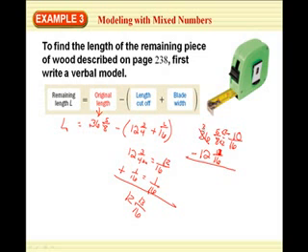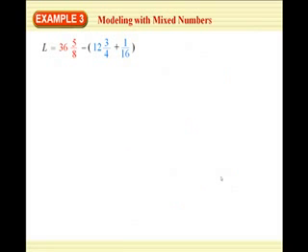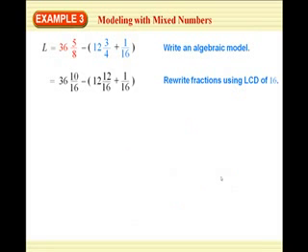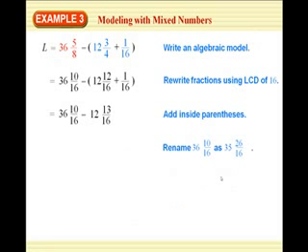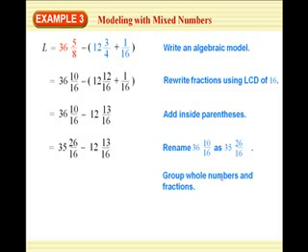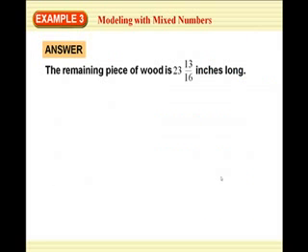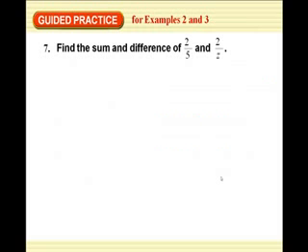Got to borrow. 35, add 16 to the top. 26 minus 13 is 13. 35 minus 12 is 23. So you should have 23 and 13/16 inches left. Let's see what happens here. That's what we did. Exactly what we did. We got it. There it is.